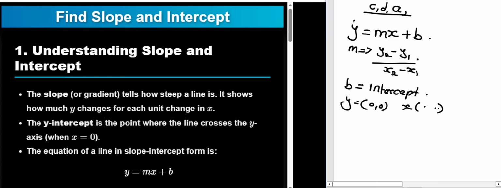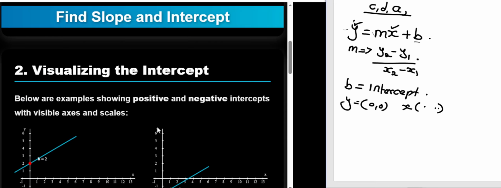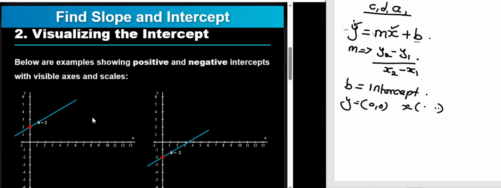So, these two have no problem, y and x. The most interesting values, which of course in our case we are interested in, are this m and this b. So, let me show you. Let's start with b.